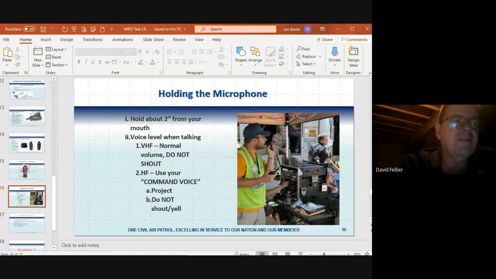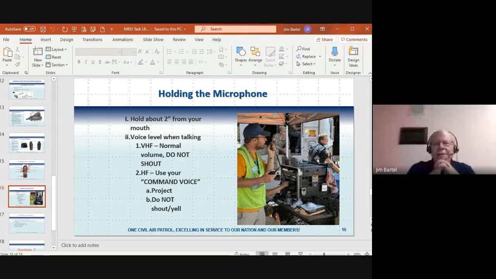If you ever have the opportunity to use an HF radio, I rarely see one on a mission because of the antenna size. But like it says, on VHF, just use your normal voice, do not shout. On HF, use a command voice and project, but don't shout.